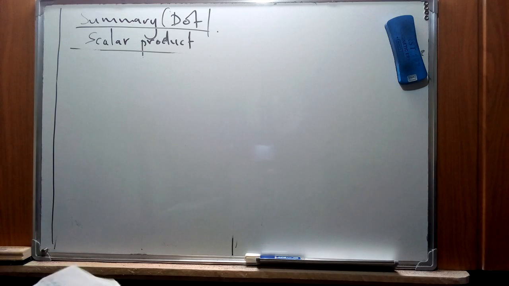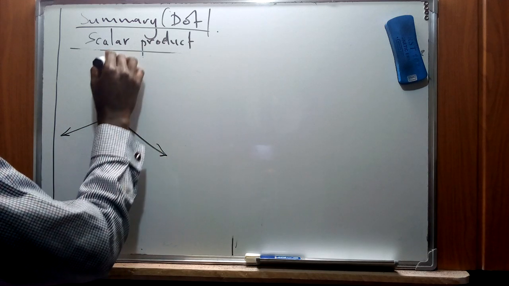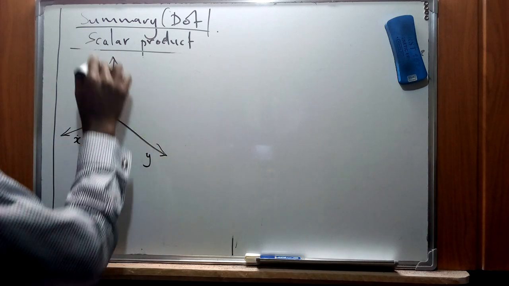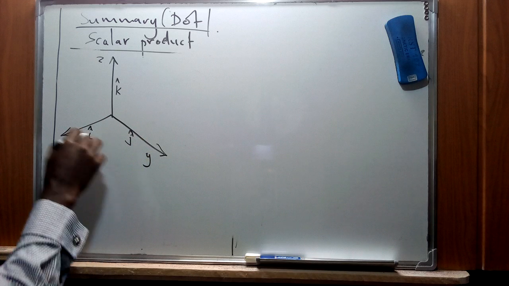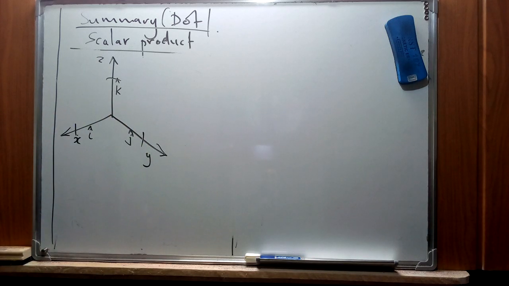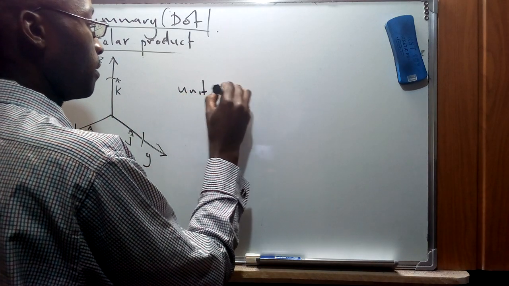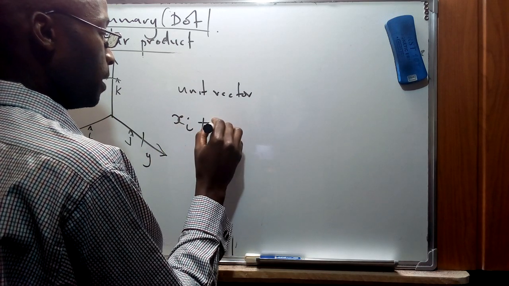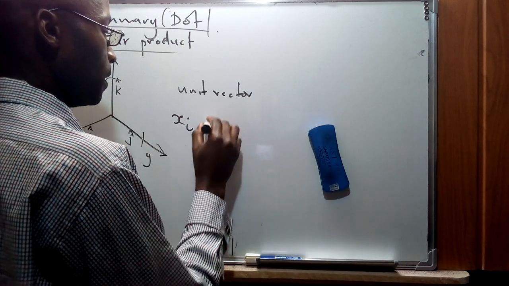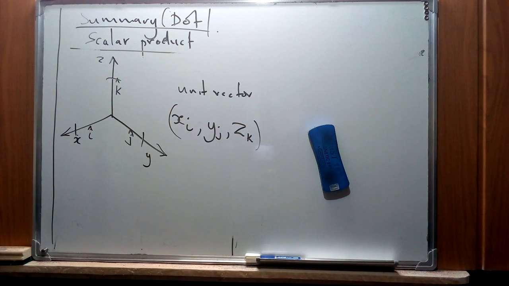For a vector in a rectangular coordinate system having x, y, and z, which is represented as i, j, and k, a unity vector implies that the x component is 1, which is represented by i, and then the y component is represented by j, and the z component by k. So that's a three-dimensional representation of that specific vector.